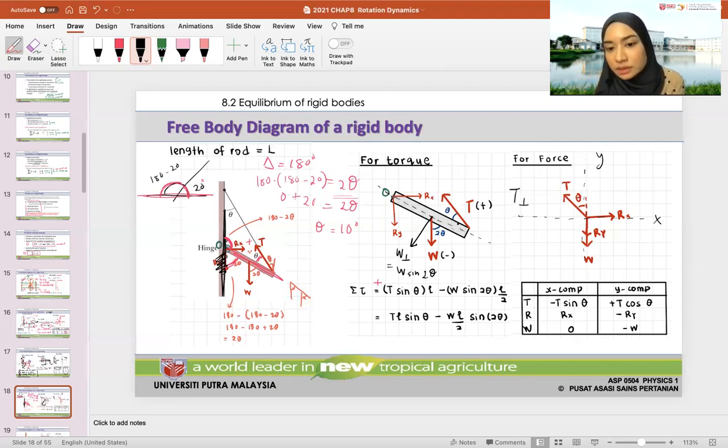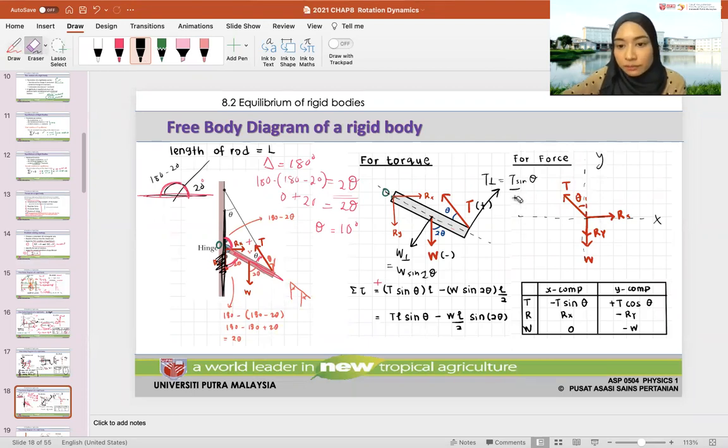This is our axis, and we resolved our W perpendicular with respect to the beam. We resolved our T perpendicular with respect to the beam. And this was T sine theta times L, which is the radius. And this becomes W sine 2 theta times L over 2. This is T sine theta.